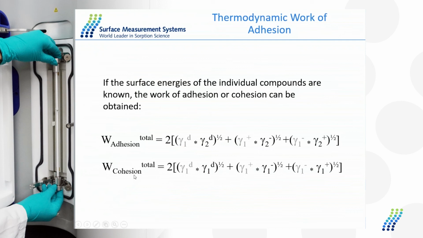So if I have material A and material B, the work of cohesion would just be of material A, so the likelihood of material A to stick to itself. So I measure the surface energy of material A, I can calculate the work of cohesion. If I want to measure the work of adhesion, I measure the surface energy of material A, also the surface energy of material B, and that gives us the work of adhesion.